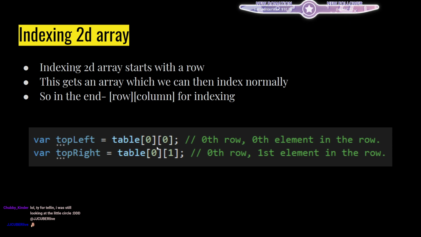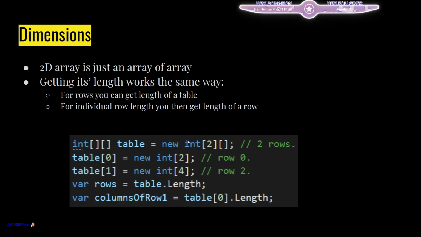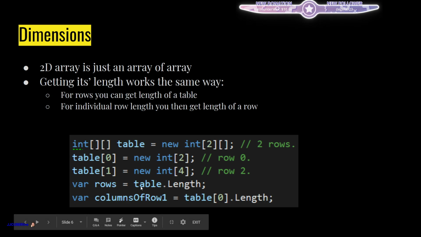So in the comments you can see I get the first row with the first element, and here I get the first row with the second element. Quite simple. And the same rules apply. An array of arrays is just an array of arrays. There is nothing special about it.